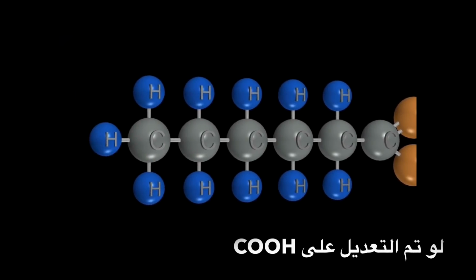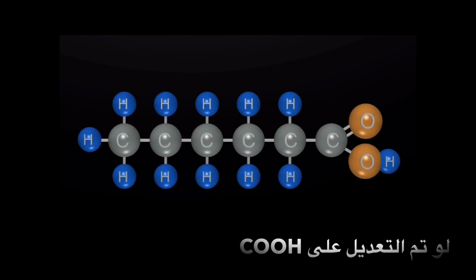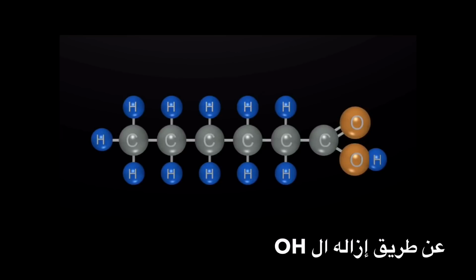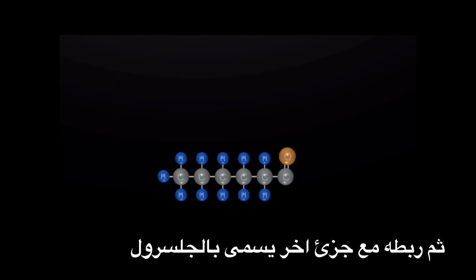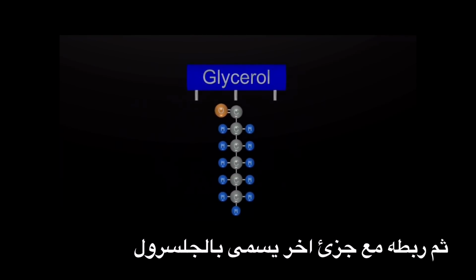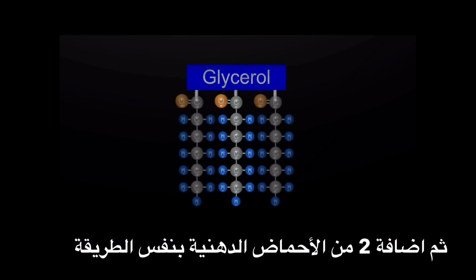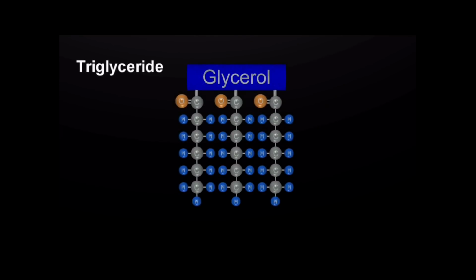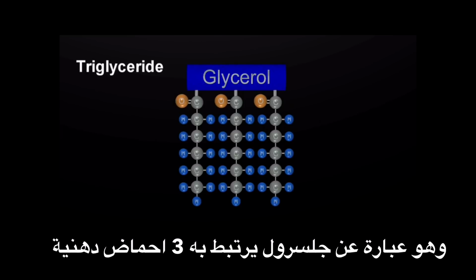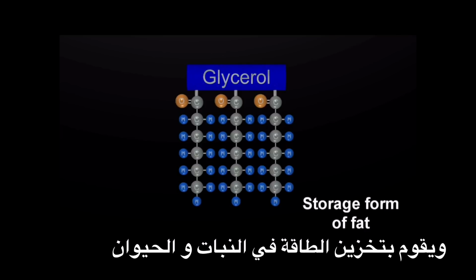And if we take that free fatty acid and we actually modify that carboxyl group, take away an OH, and we attach it to another molecule called glycerol, we can add 2 more of these fatty acids, and this is called a triglyceride. So it's glycerol with 3 fatty acids attached to it, triglyceride. This is the storage form of fat in plants and animals.